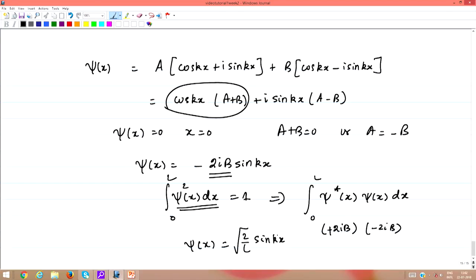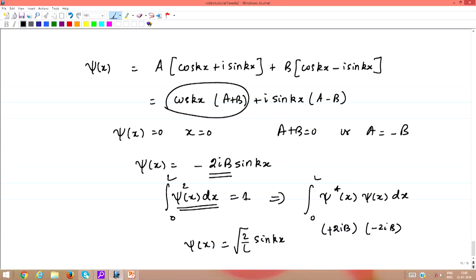So, all the conclusions that we have by using the exponential formula are reproduced, and they are no different from the trigonometric functions, because they are anyway linear combinations of the trigonometric functions.